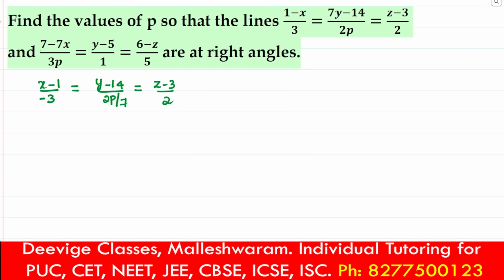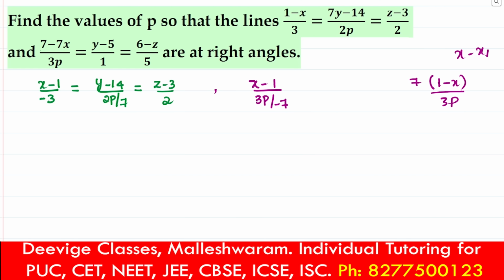Similarly, the next equation is 7 minus 7x. Here I have to take 7 common, then minus also common. Then I will get (x minus 1) by 3p divided by minus 7. If I take only 7 common, then I will get (1 minus x) by 3p, but I need x minus x1.